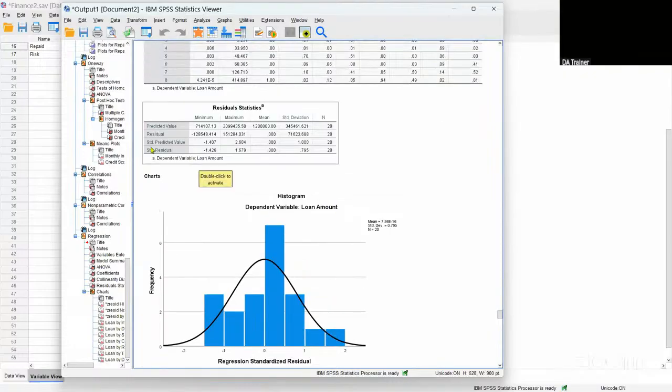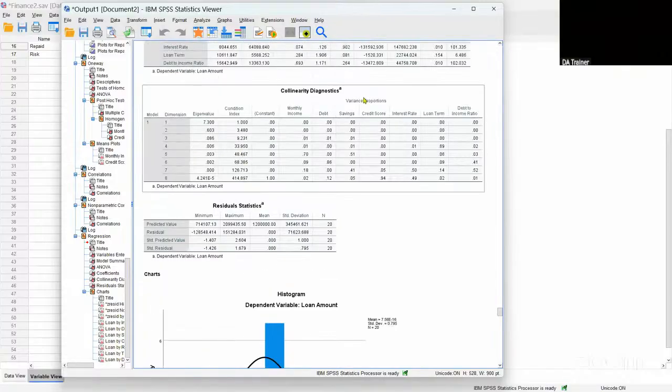So that means loan amounts, let's even check the statistics, the predicted value, in case we may need it. Okay, there's a standard deviation of 1, and the standard residual is 0.75. That is good. Now the dependent variable is our loan amount, meaning that loan amount will correlate positively with all this information as we can see here.